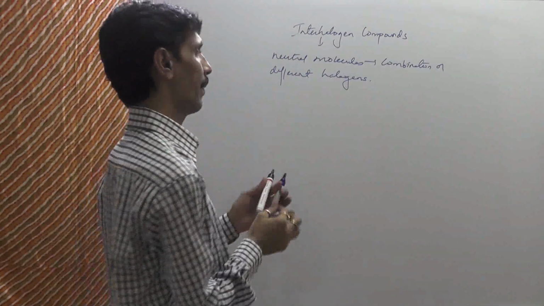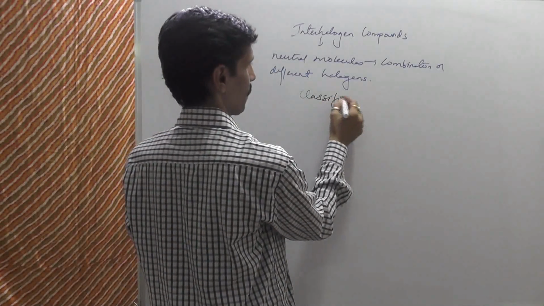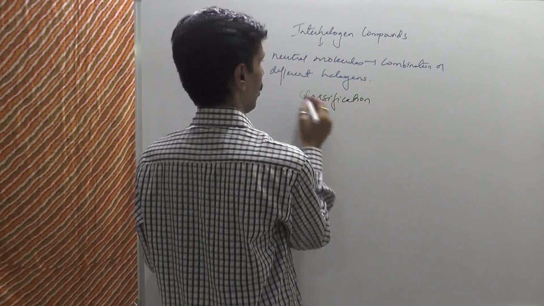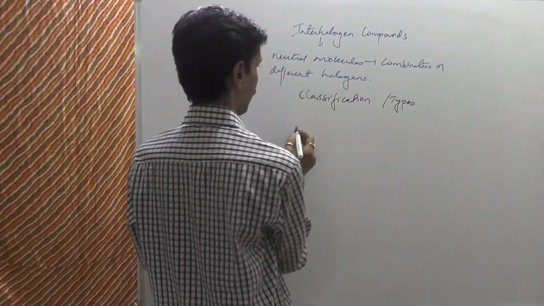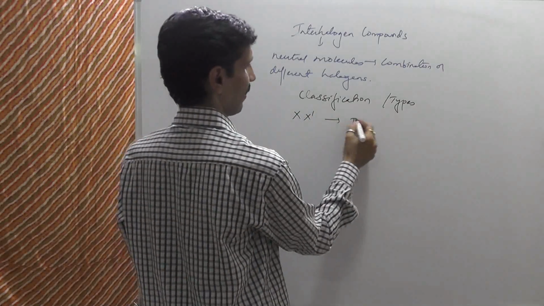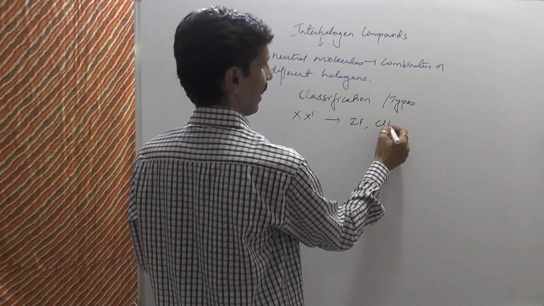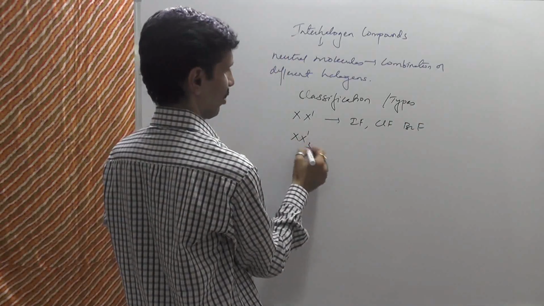ठीक है? अब हम इसके क्लासिफिकेशन के बारे में बात करेंगे और we talk about types. Classification, or we call it types. So there are 4 types now in this. पहला है XX dash. I give an example, that is IF या CLF या फिर BRF. Next is XX dash 3.